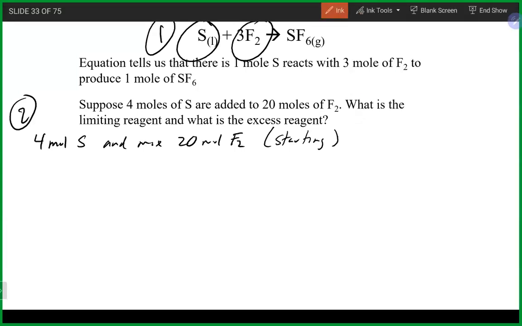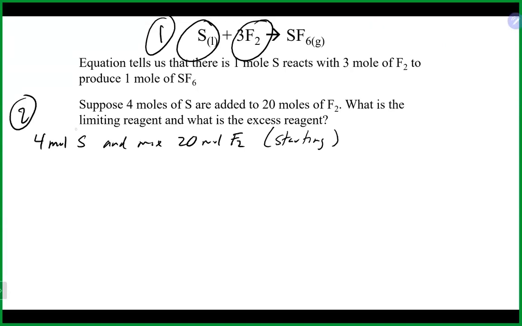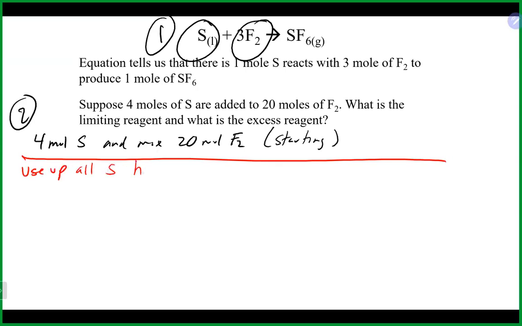So for example, if I want to use up all of my sulfur, how much fluorine do I need? So I'm just going to do a basic stoichiometry calculation between sulfur and fluorine.